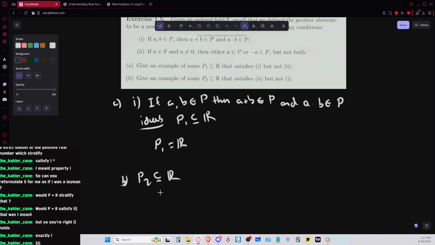What would happen if P2 was equal to... no, not that one.